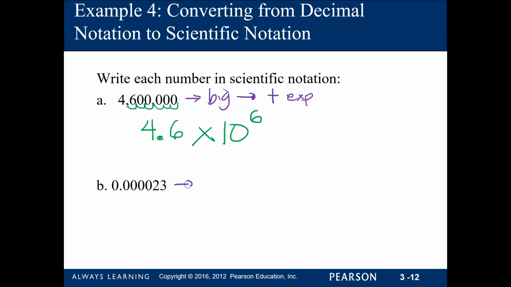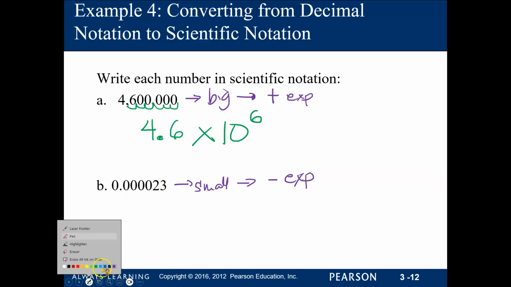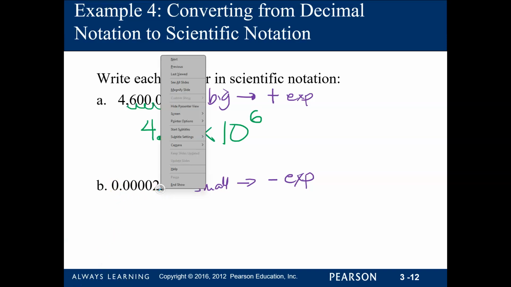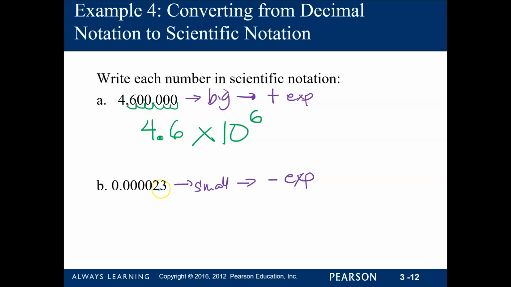0.00023 is a small number, okay, because of your decimal point. So we know that this is going to have a negative exponent, all right? We want the decimal point to be between the 2 and 3, so this is going to be 2.3 times 10.